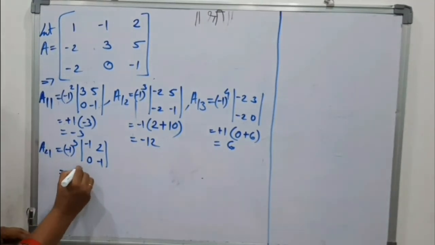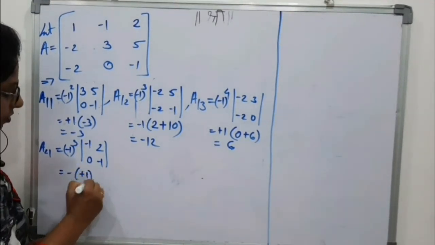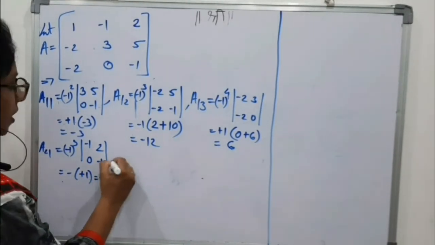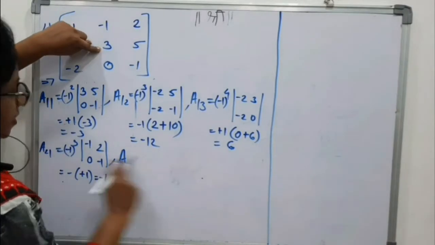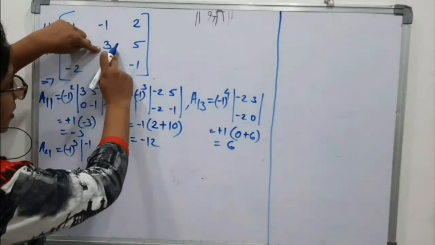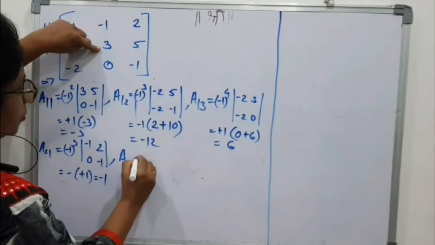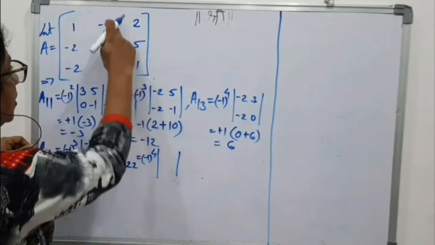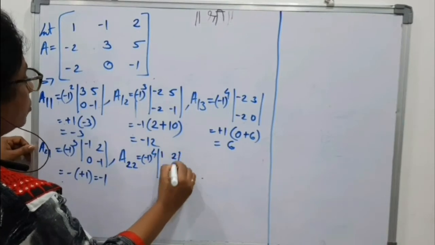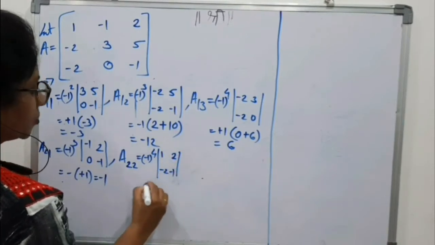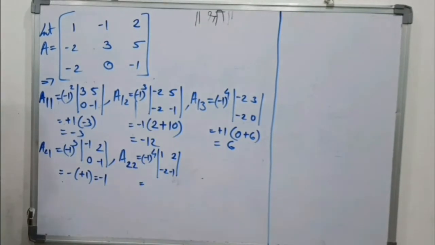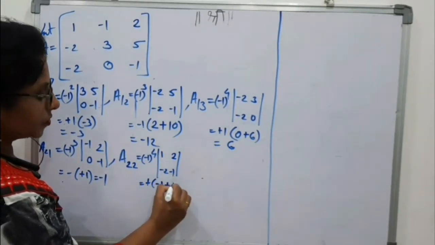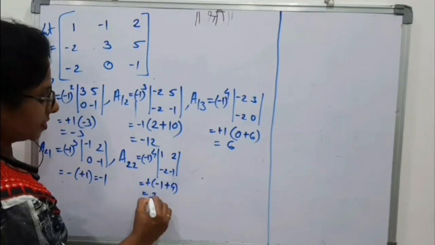So minus in bracket, 1 plus 0, simply -1. Next, the second element in this row is 3, so A22: (-1) to the power 4. In the determinant, hide this row and this column: 1, 2, -2, -1. The power is even, so plus 1, in bracket -1 plus 4, that is plus 3.